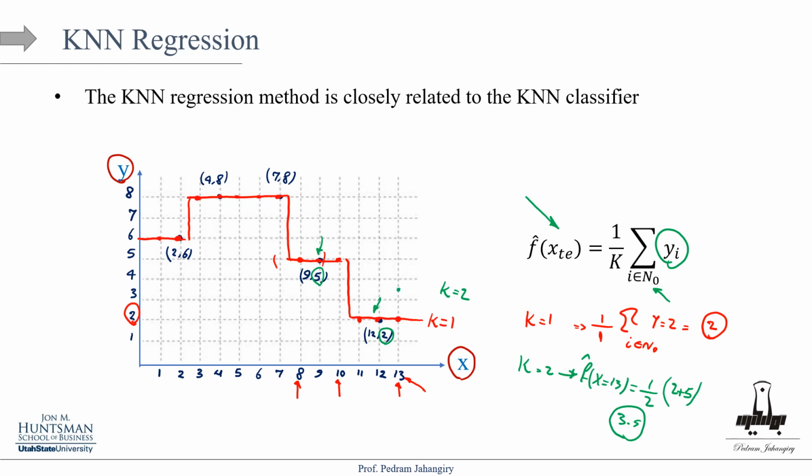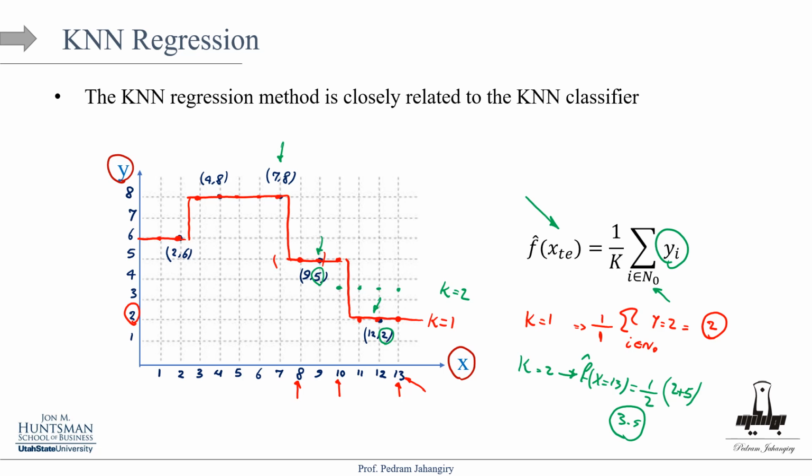If x is equal to 12, the same story. For 11, the same story. For, let's say, 10, we're still here. And then when x is equal to 9, the closest neighbors are going to be, so this observation is at distance 2 from the left.